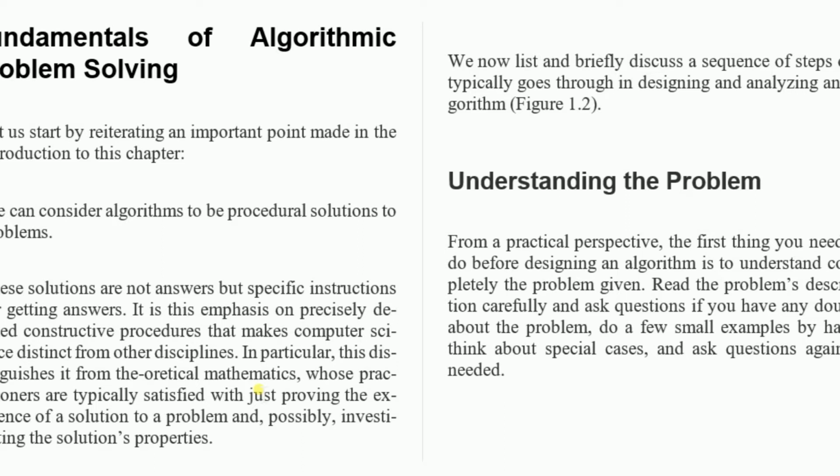It is this emphasis on precisely defined constructive procedures that makes computer science distinct from other disciplines. In particular, this distinguishes it from mathematics, whose practitioners are typically satisfied with just proving the existence of a solution to a problem and possibly investigating the solution's properties.